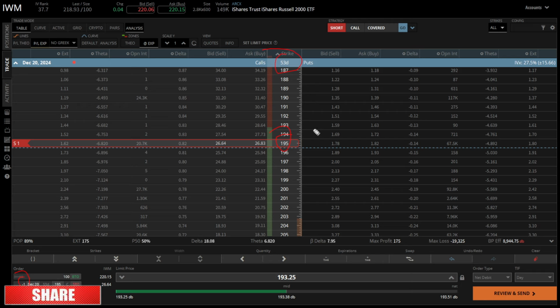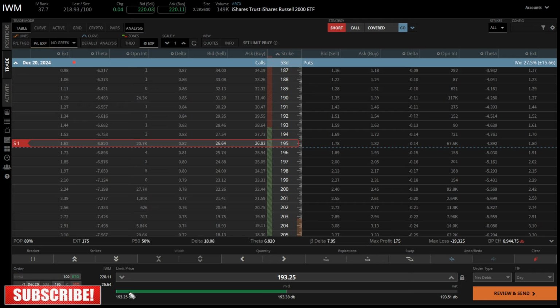Our maximum gain here, 195. I don't know if the stock has changed price right now, but 53 days. Our maximum gain in this case is going to be 175. All right. So this is what it's saying here on TastyWorks.